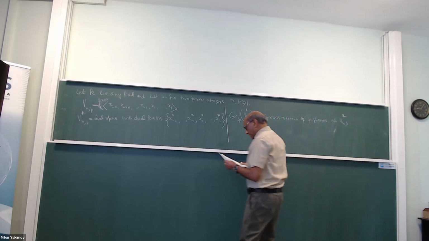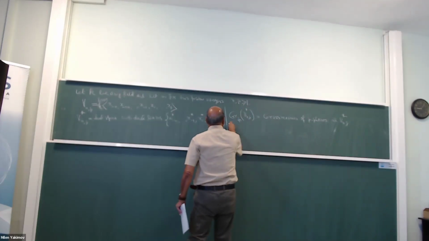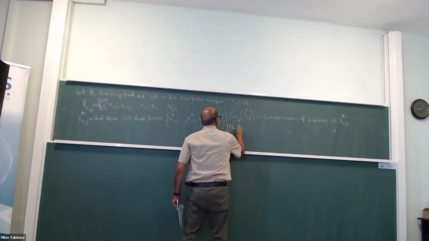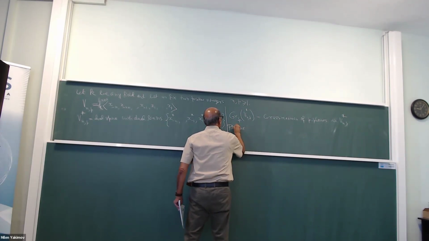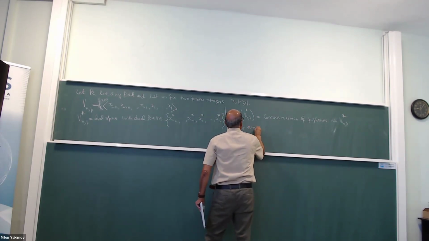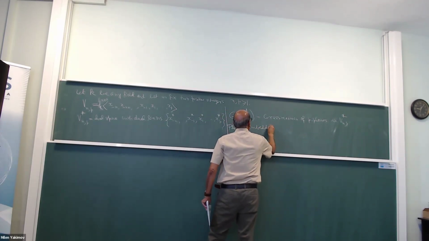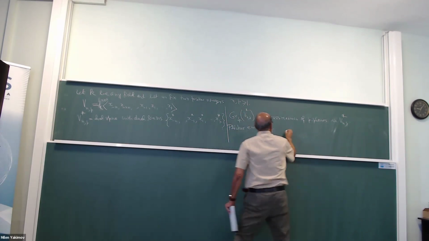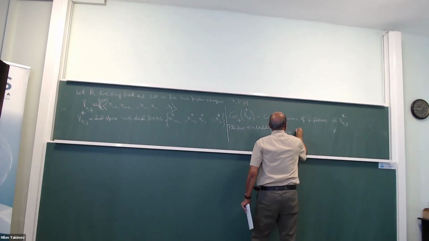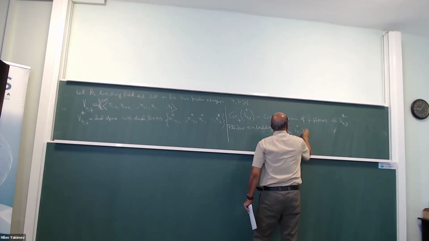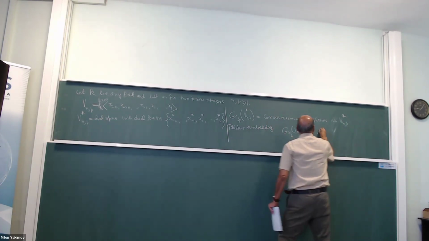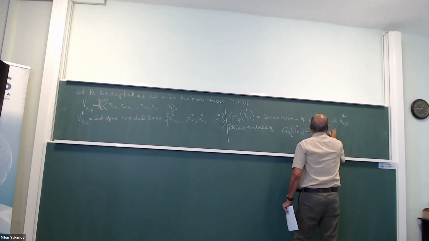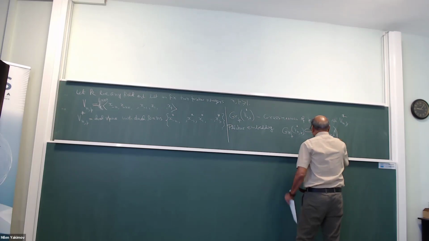And then we have the Plücker embedding, from the Grassmannian of p-planes in V and V star to the projectivization of the exterior p-th power of V and V star.